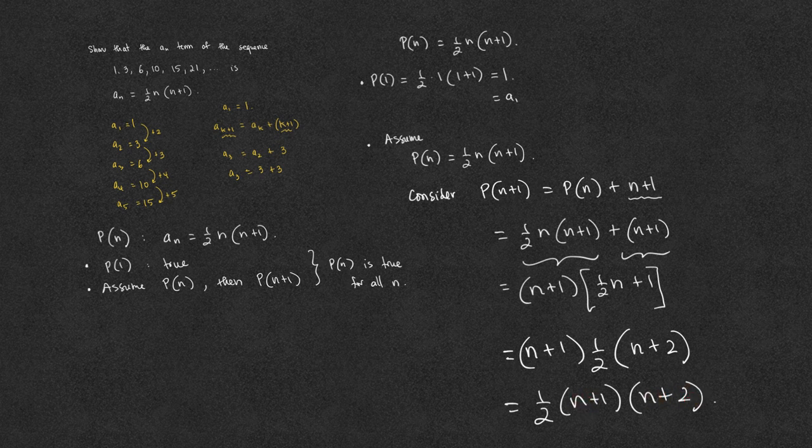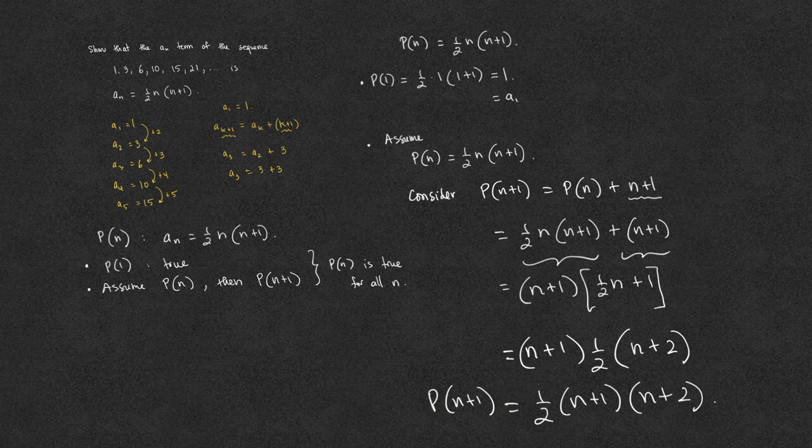And so the statement p sub n plus 1 also has the form, whatever the input is, 1 half of the input times 1 more than the input. And this is what p sub n says. P sub n says if the input is n, take 1 half of the input and multiply by 1 plus the input. And this is precisely what the statement n plus 1 says.